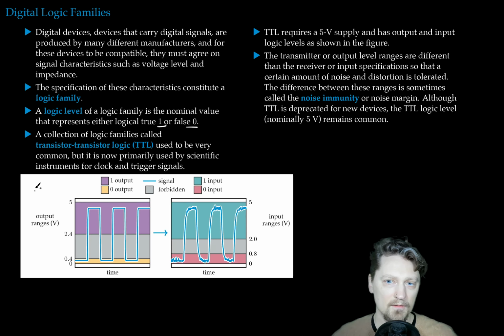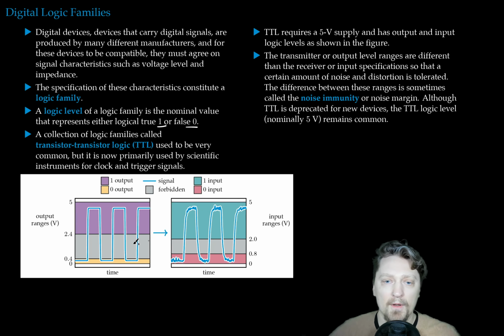So in the figure, we have on the left-hand side output ranges in volts, where 1 is represented by 5 volts down to 2.4 volts, whereas 0 is represented in the output by 0 to 0.4 volts, and forbidden are the voltages between 0.4 and 2.4 volts on the transmission side or the output side of the channel.